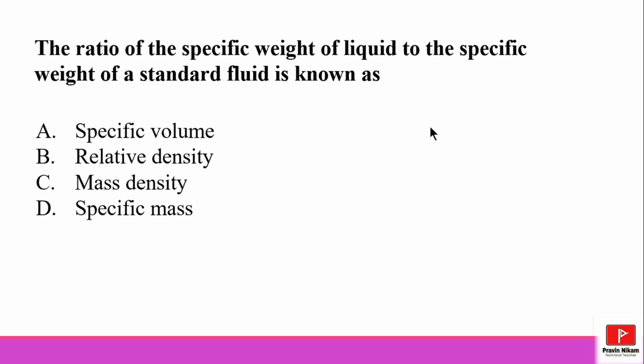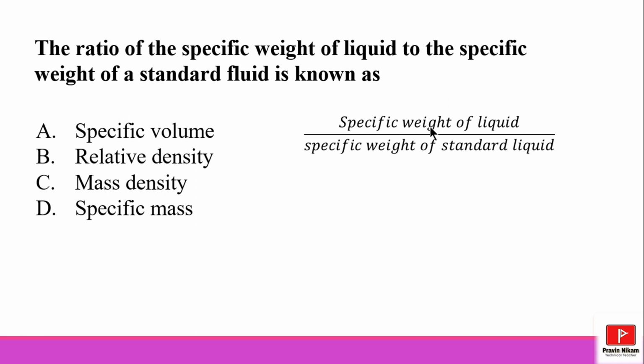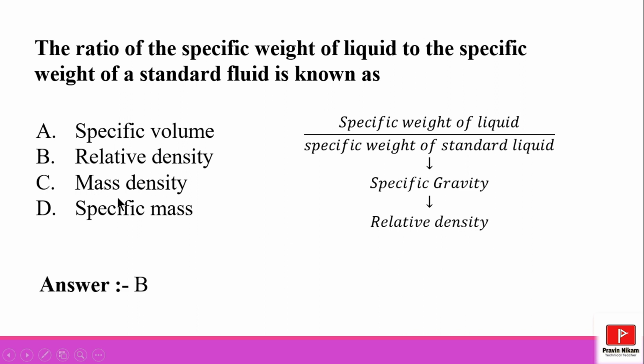Relative density or specific gravity is the ratio of specific weight of liquid, means weight density of liquid, to the weight density of standard liquid, or mass density of liquid to the mass density of standard liquid. Both formulas are correct. So that is called relative density. The correct option is B.